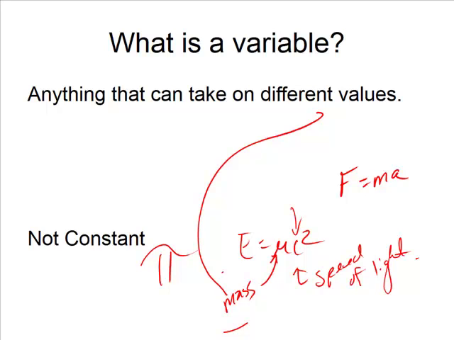Force equals mass times acceleration. Where does the acceleration come from in a car? How fast you're going, the speed of the car. And why do we wear seat belts? So we don't fly out of the car, right?